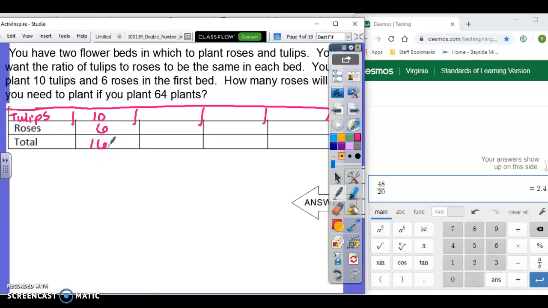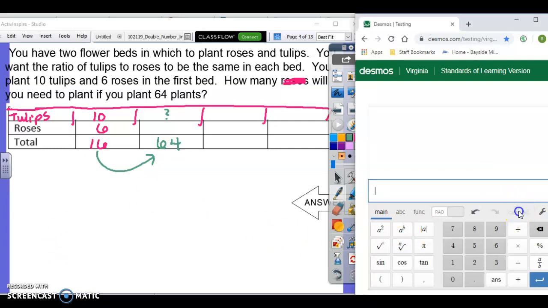How many roses, or yours says, how many tulips will you need if you plant 64 plants? So 64 plants is going to be the total, and we want to know how many tulips. So I don't know how to go from 16 to 64, so what I'm going to do is use my calculator to try to figure that out.